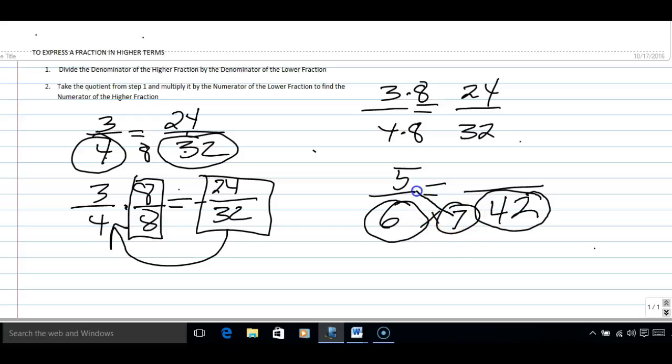So that means I'm going to have to multiply the numerator of the lower fraction by 7. 5 times 7 is 35 to obtain the numerator of the higher fraction. And again, what I'm doing is simply multiplying both the numerator and denominator by a strange form of the number 1. 6 times 7 is 42. 5 times 7 is 35.